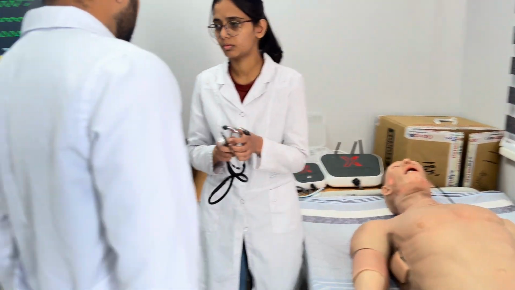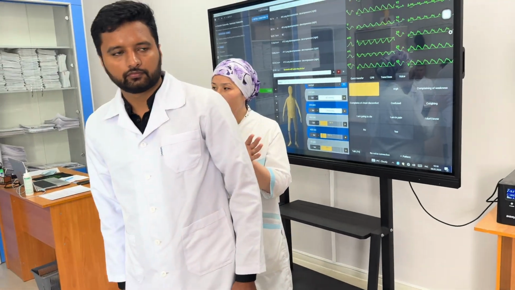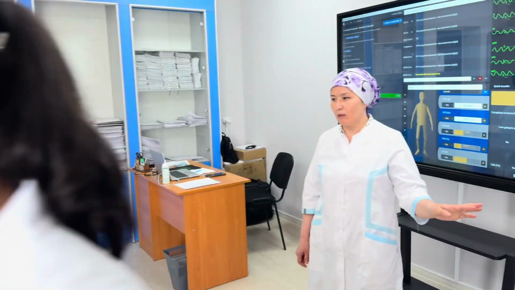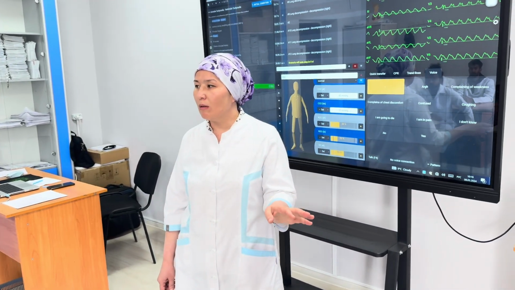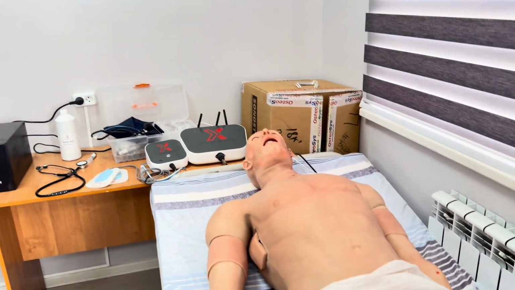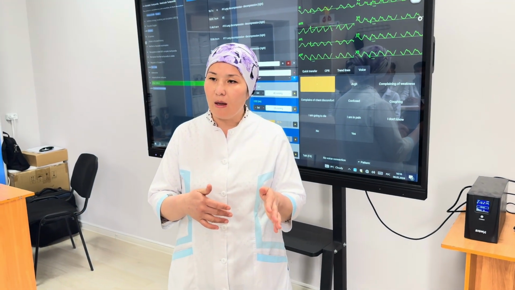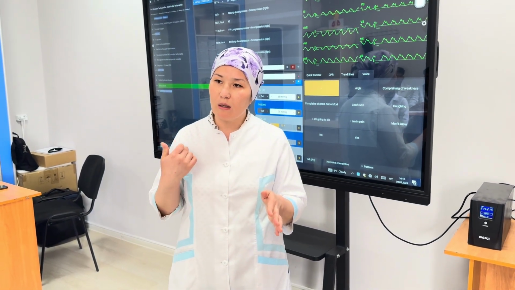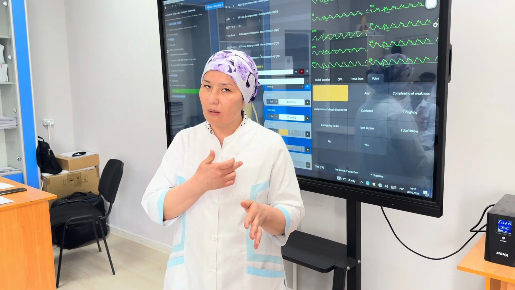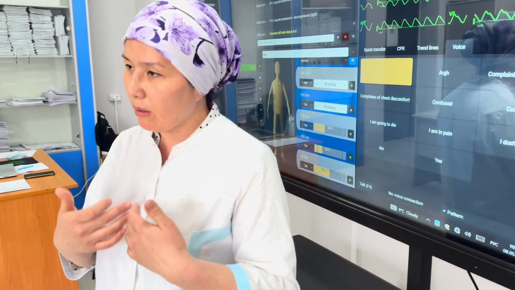Do you agree, guys? Every 5 points we must check. Why? Because we should know which sound is present at each. Usually when we begin, we start by rule at the fifth intercostal space, middle clavicular line, and then we go to the second right side, then the second point on the left side, and then the fourth and fifth intercostal spaces.